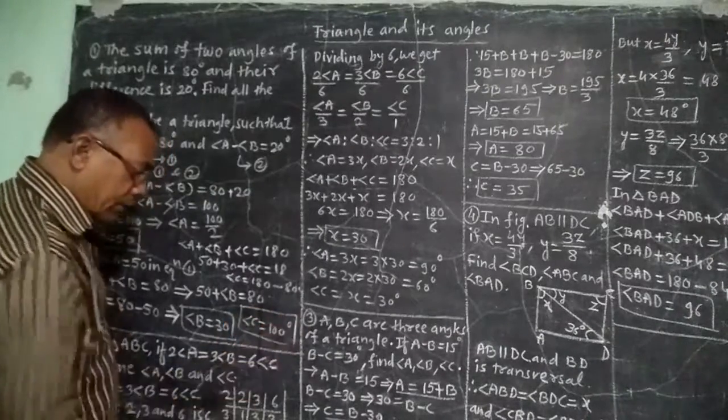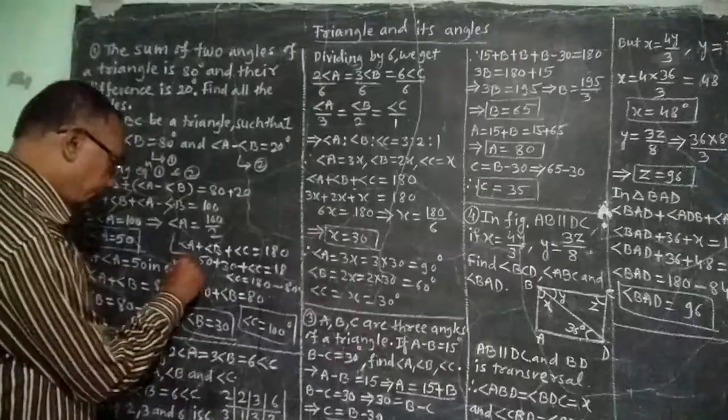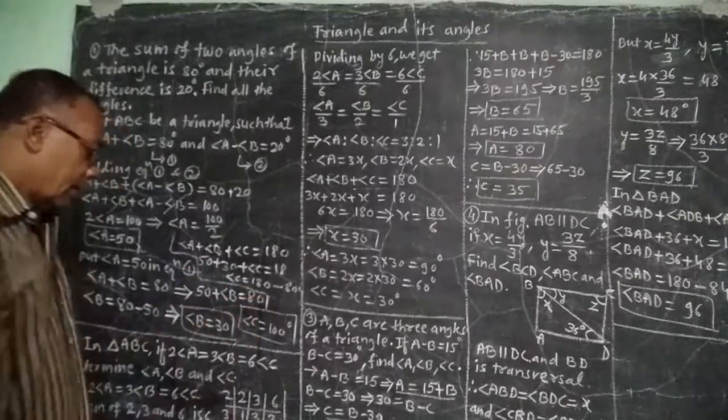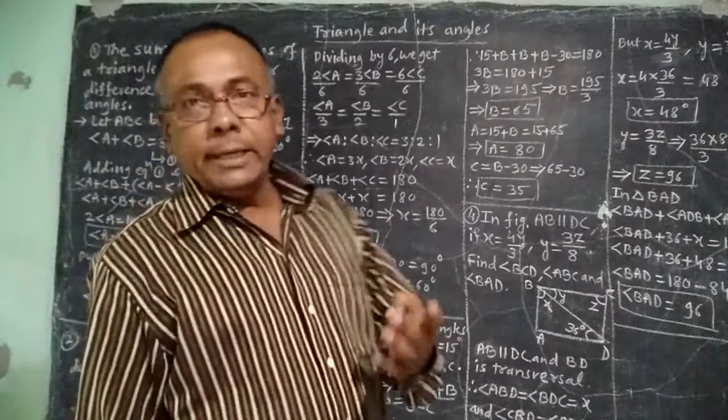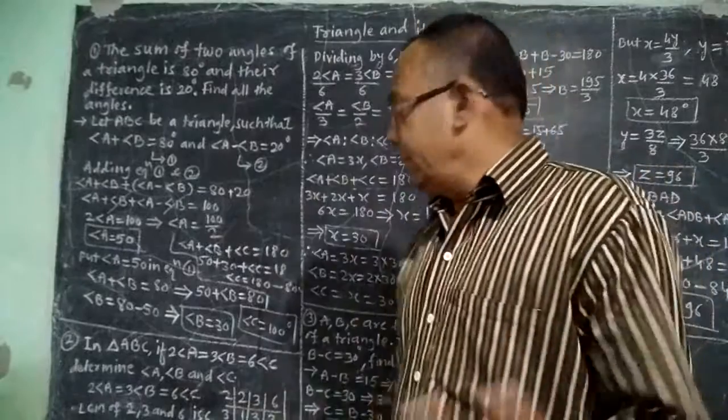So it will be our third angle. In this way we have found all the measures of angle A, angle B and angle C.